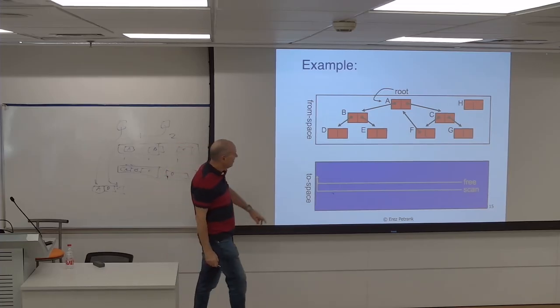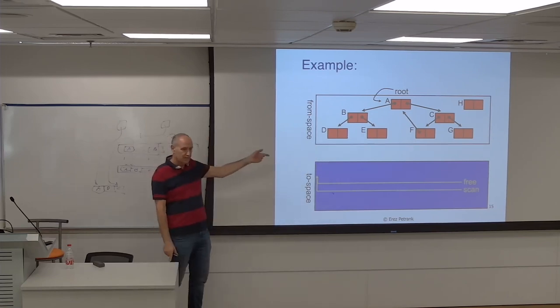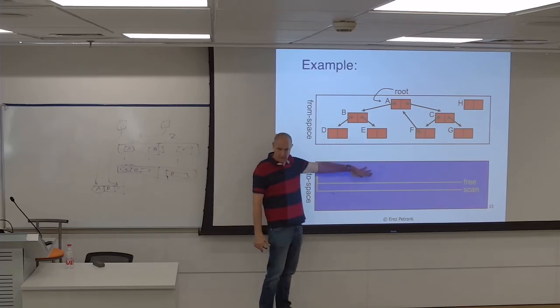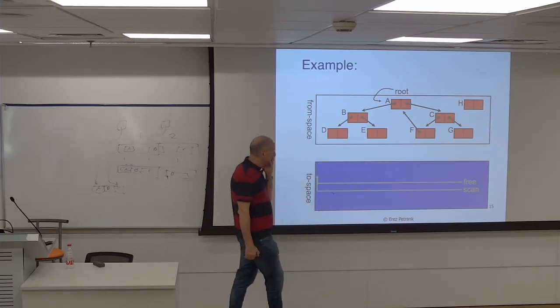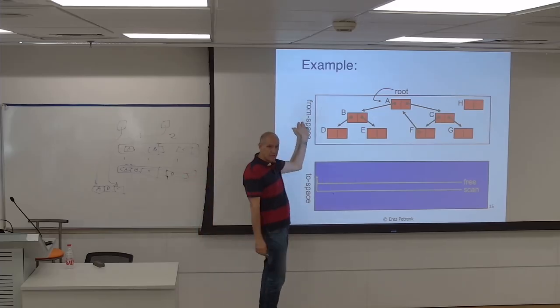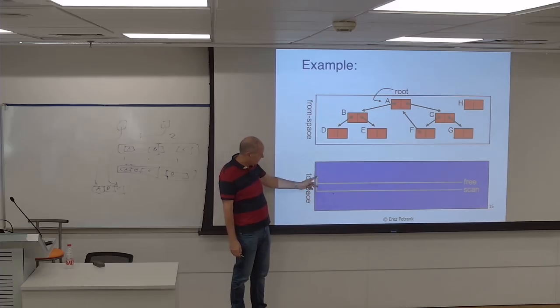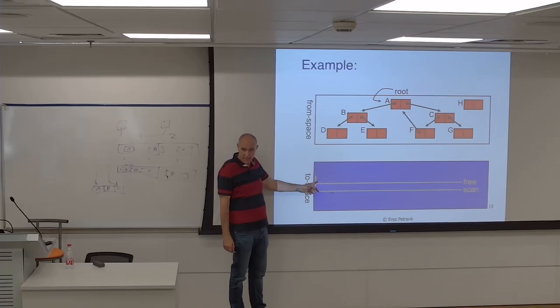Okay, so this course started as a seminar, and there was a student who made these slides, so I will use them. They're nice. Look, this is an example of a heap from space. To space has free and scan pointers, which in the beginning are pointing to the beginning of to space.